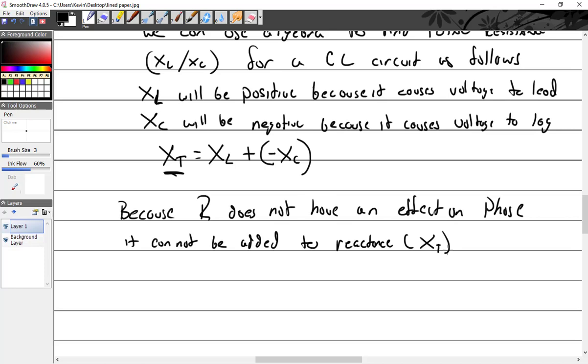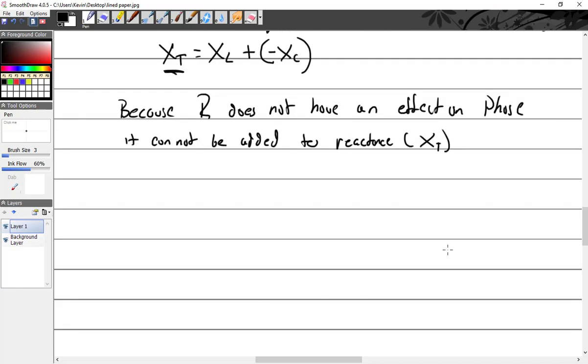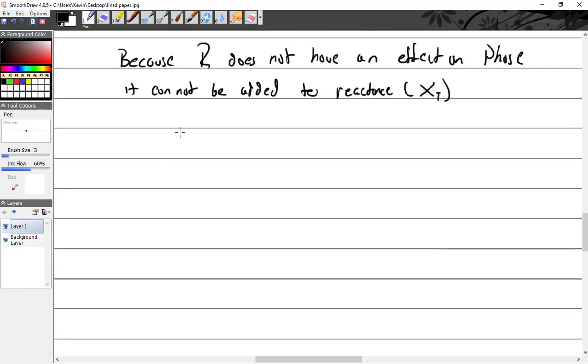Again, I'm glad you asked. So if we graph this out, this is what it's going to look like. On a graph, this will be X of L up here because it's a positive number. This will be X of C because it's a negative number. And along this line here will be resistance. So resistance is horizontal, inductance is going up, capacitance is going down, and what's the word we're working with here?